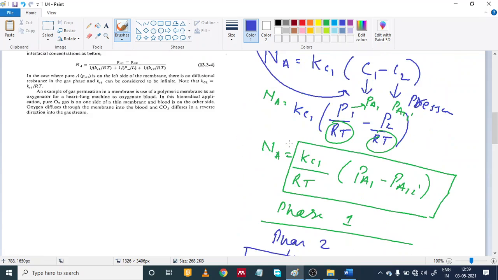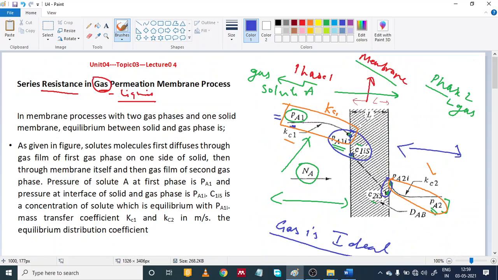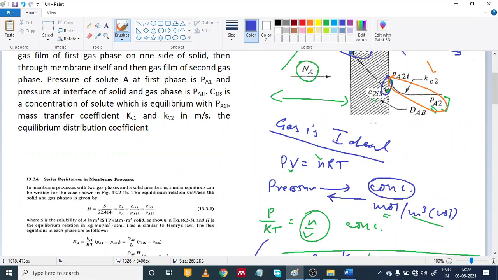And as far as the resistance in the membrane is concerned, earlier this was given as DAB, that is the diffusivity.